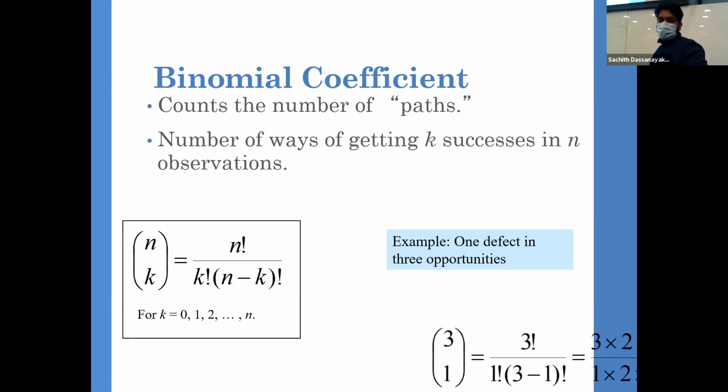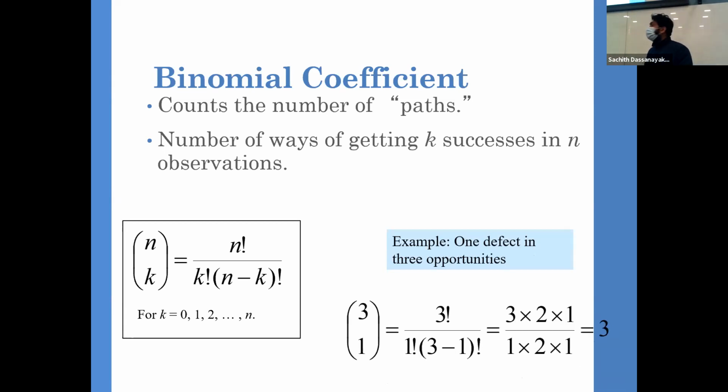If you consider the previous example, and I consider just one success, or just one defective item, the total number of observations is 3. I have 3 independent trials and just one success.